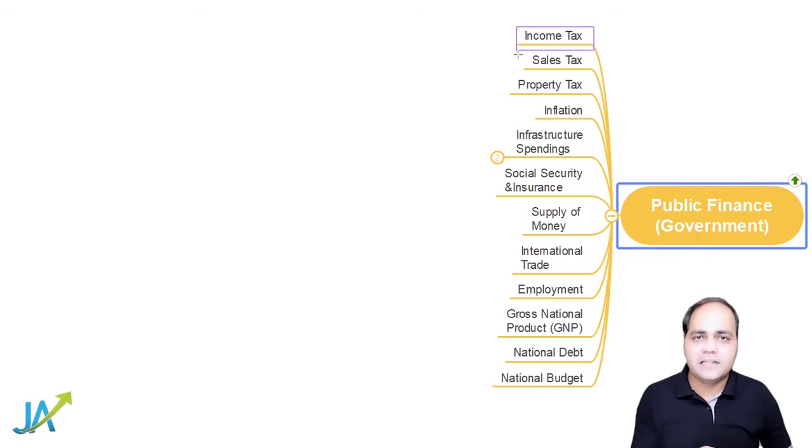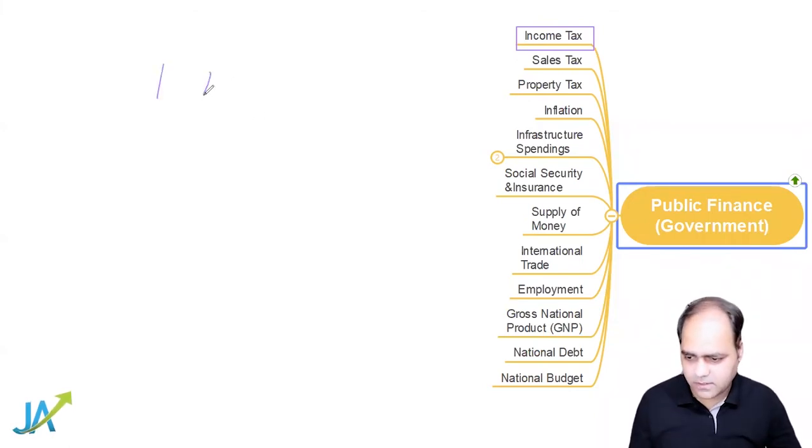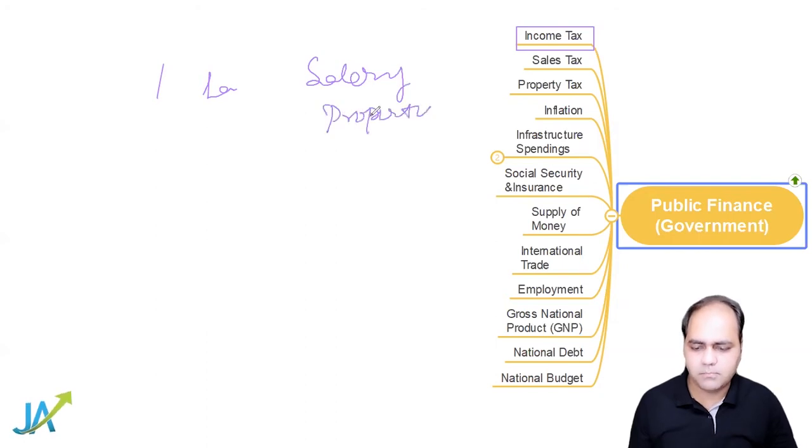The income includes any earning from salary or house property. So, if there is any income from these things, then it comes under the income tax.